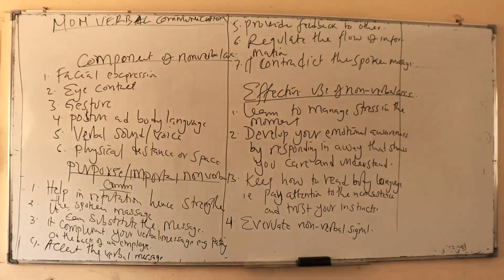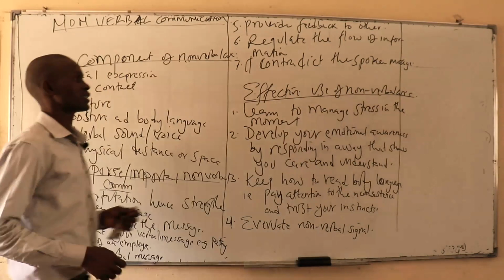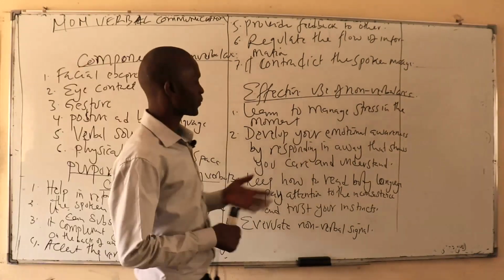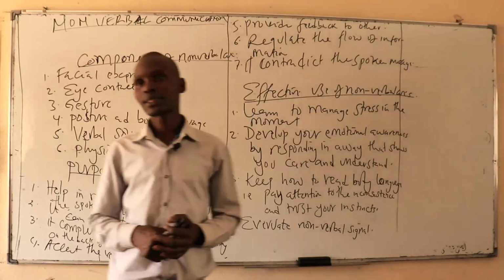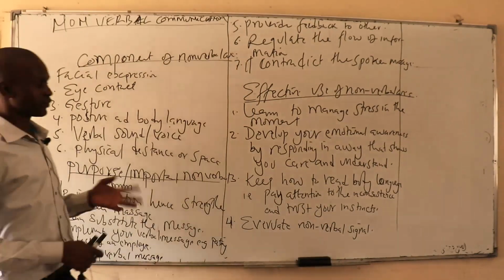We are talking about learning to manage stress in the moment. Also, develop your emotional awareness by responding in a way that shows that you care and understand, so you don't just act as if it's something new.